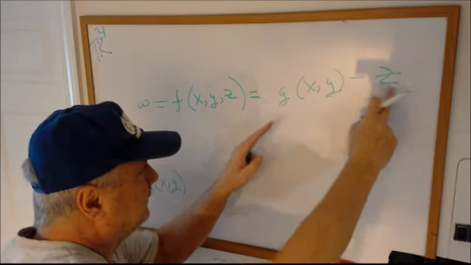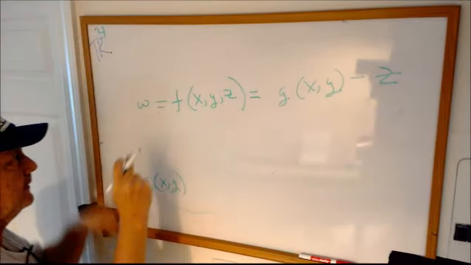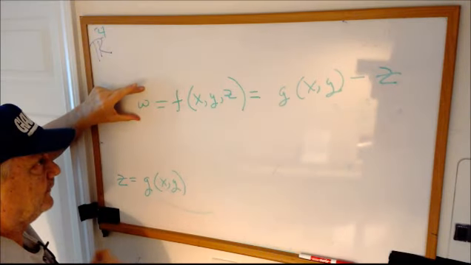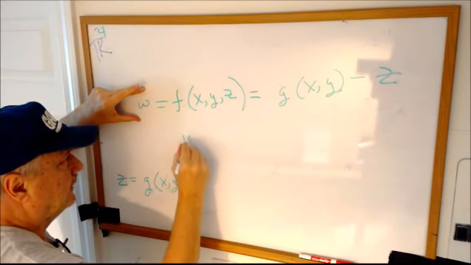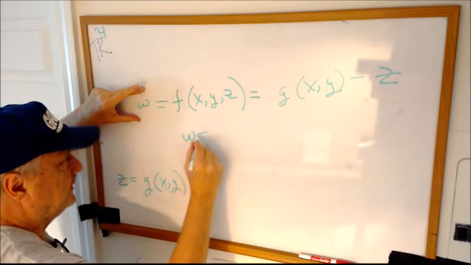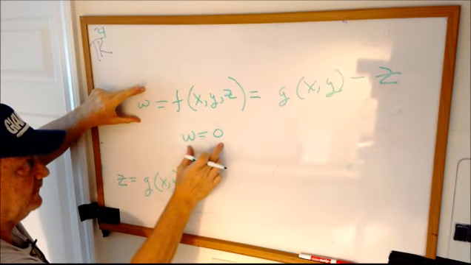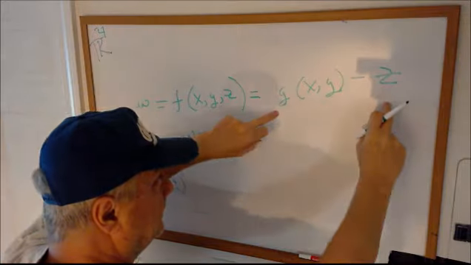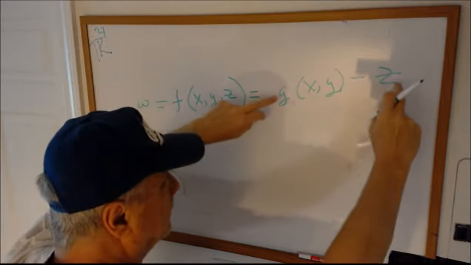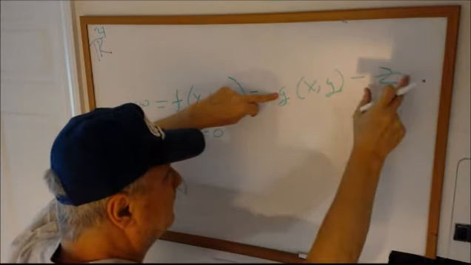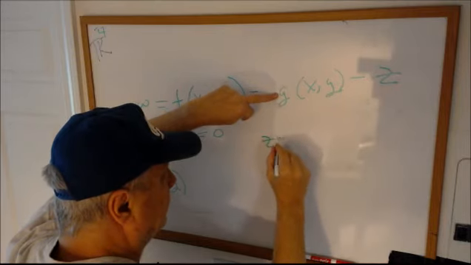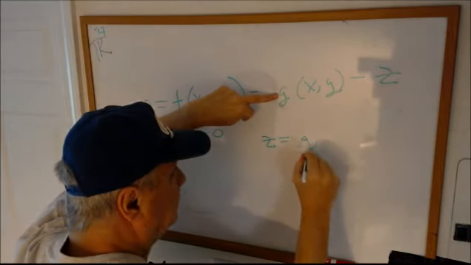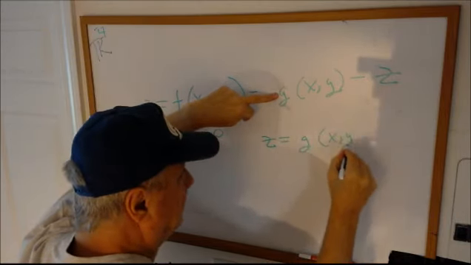Now, why this is important is, what if we took level sets for w? And let's in particular set w is equal to 0, a special level set. That means this is equal to 0. And of course, if this is 0, we can write that as z is equal to g of x comma y.